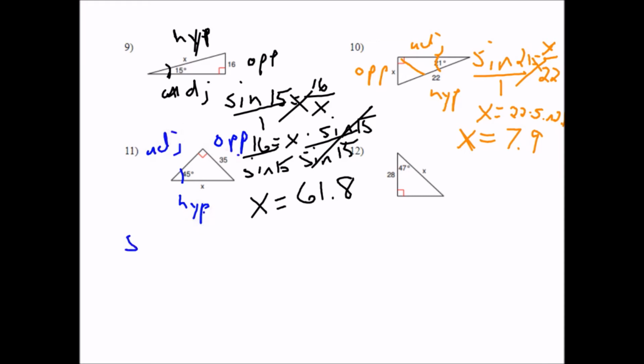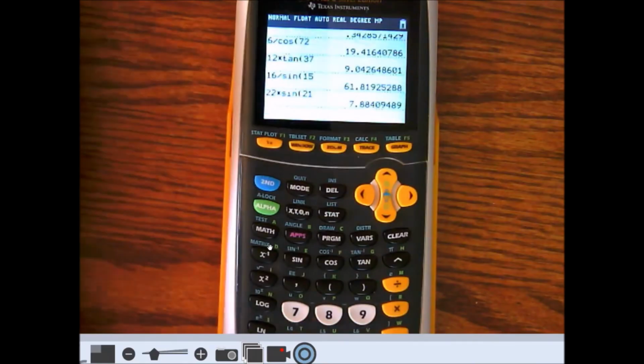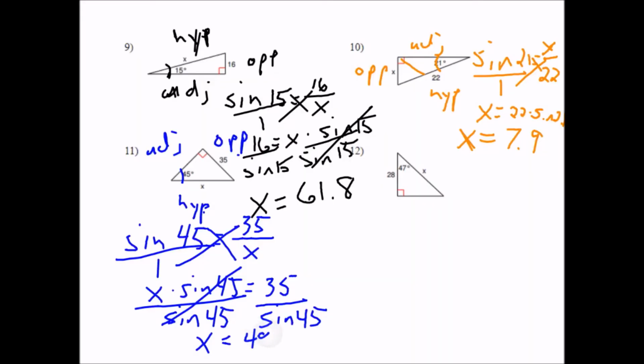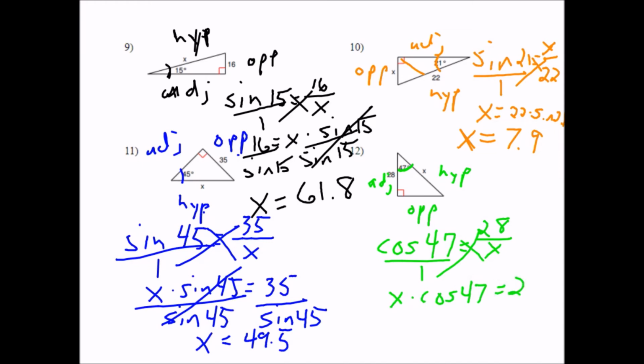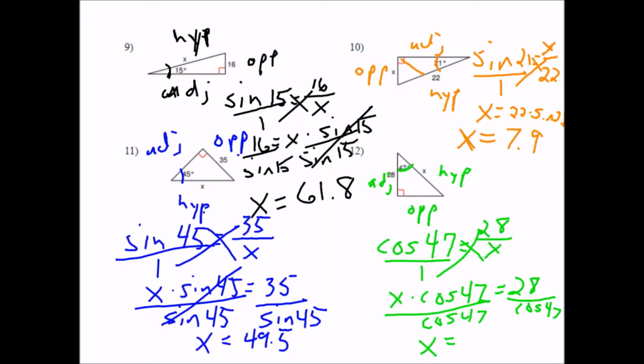We've got opposite and hypotenuse, so it's sine. $49.5. I get 41.1.